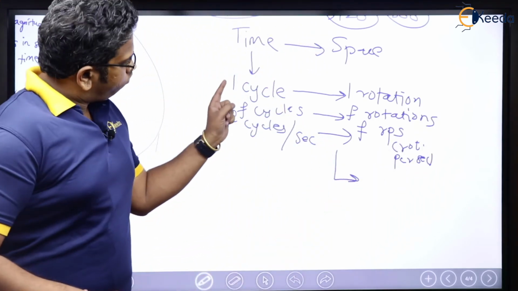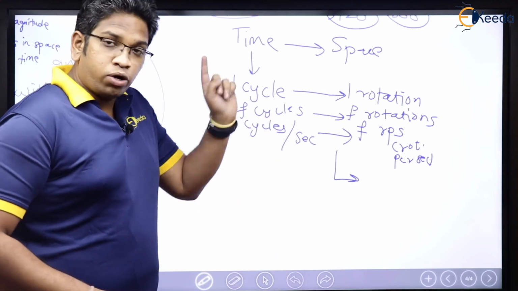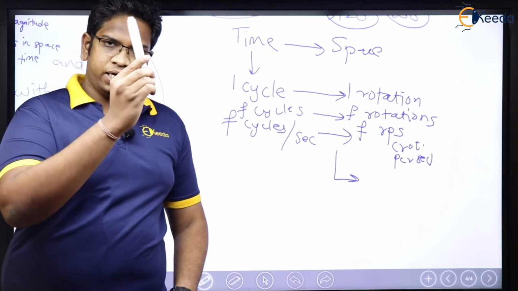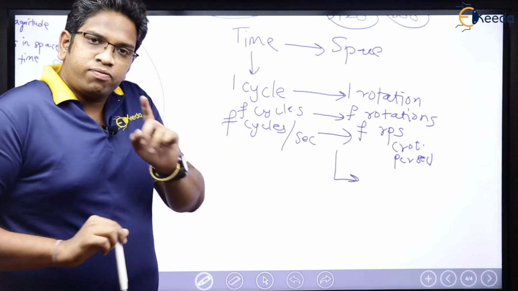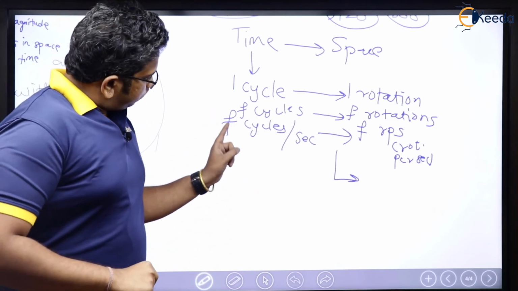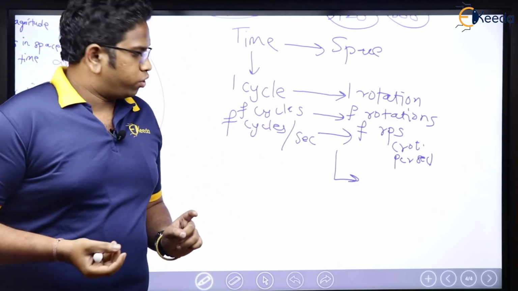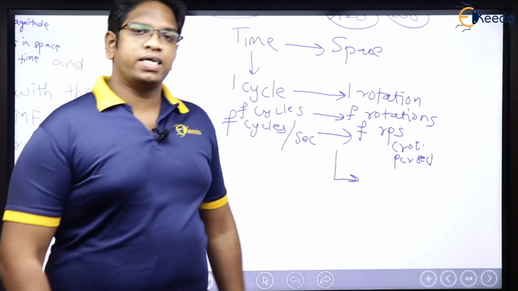One cycle is producing one rotation of RMF in space, starting here, like this, and back to the position. Now, F cycles per second will produce how many rotations? F rotations per second.